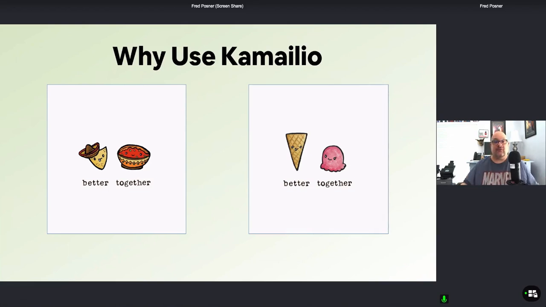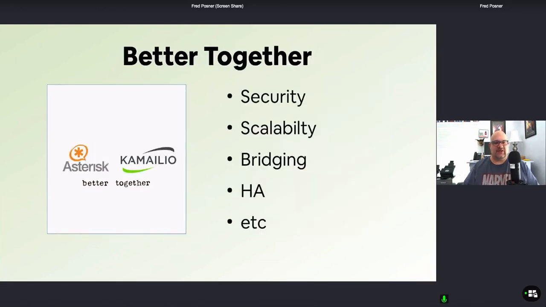And with that metaphor or analogy, we have Kamailio and Asterisk being better together, much like chips and salsa in the last slide. So when we combine Kamailio with Asterisk, we get an extremely strong product that will be around for 2,000 years.